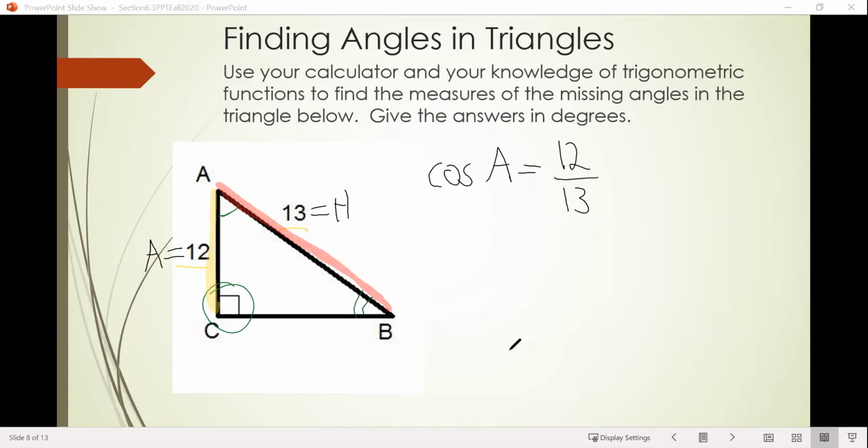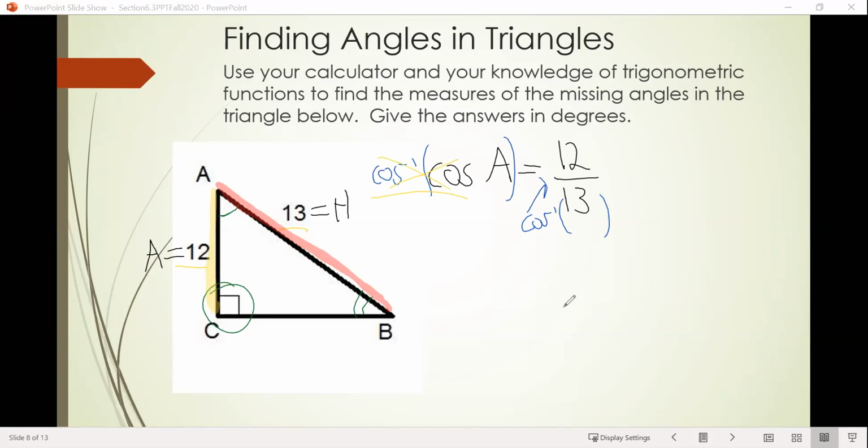Then we need to somehow solve for the angle A. I'm going to do this this time, but we don't normally have to. We can take the inverse cosine of both sides. On the left-hand side, the inverse cosine together with the cosine, we know that inverses along with functions usually cancel each other out.